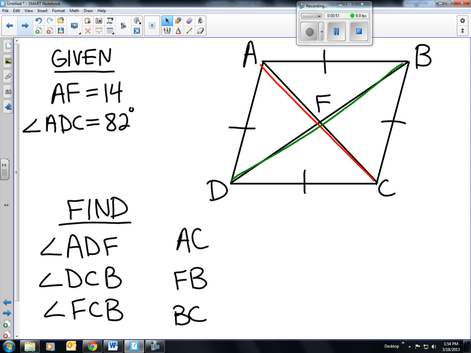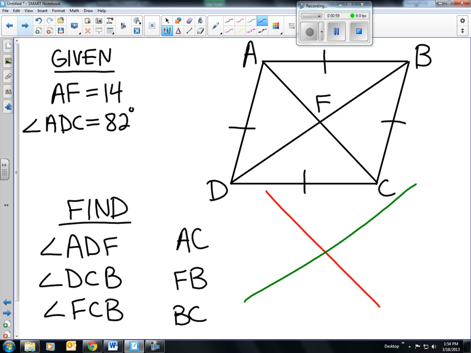Now, what that first property is saying is that these two diagonals intersect each other at a 90-degree angle. It might not be exactly drawn to scale here, but this angle here is a 90-degree angle, which makes angle F 90 degrees all the way around. These are all 90-degree angles.